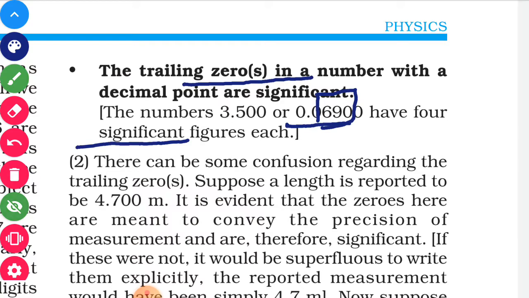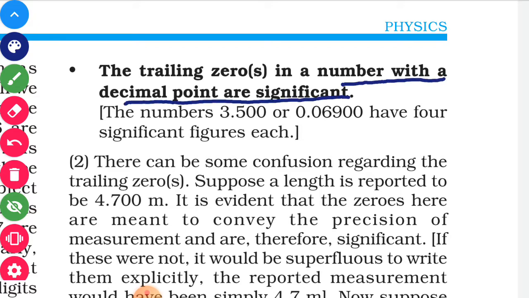Now we talk about the next one. The trailing zeros in a number with a decimal point are significant. If you have a decimal point, then trailing zeros are taken into consideration. Say for example 3.500, then trailing zeros are considered, therefore there are 4 significant figures.